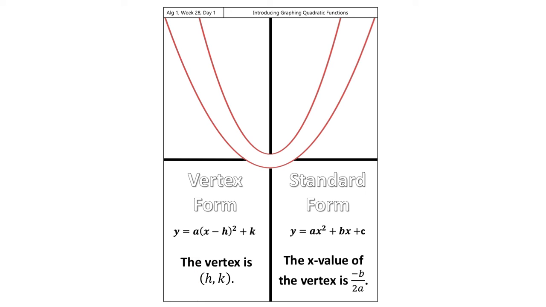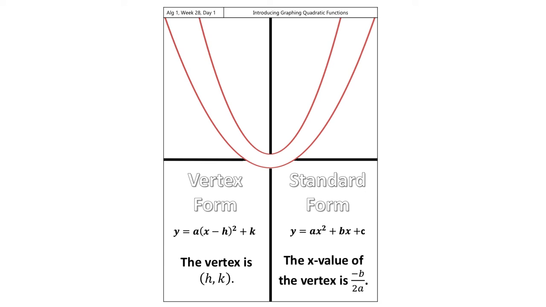Now, if the whole point of what you're doing is to graph something, vertex form is the easiest way to graph it. But if you're talking about a real world situation, like throwing something or launching a rocket, you're most likely going to be in standard form. We'll talk more about that later on and how that all works.